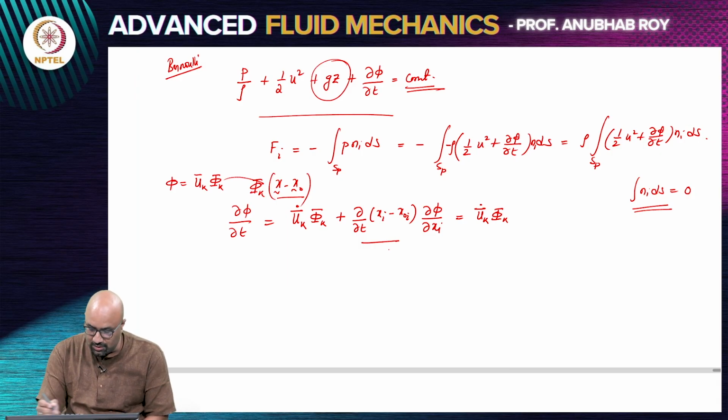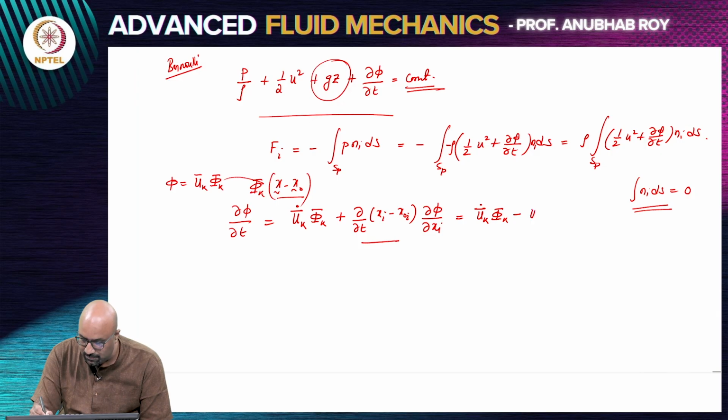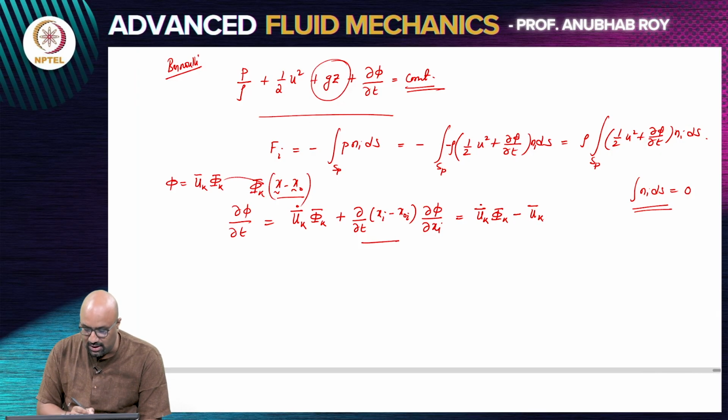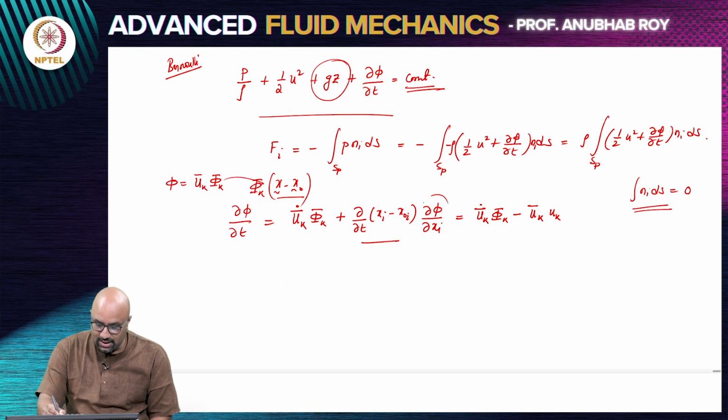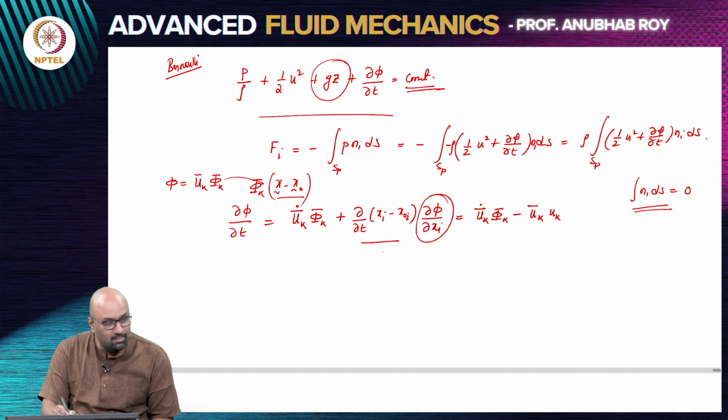Now, this is something which we already know, going back to what was written on the previous page, which is the translation of the body. I will use k, the same notation, and dou phi dou xi is basically the fluid velocity. This is the fluid velocity, and this is the body velocity.